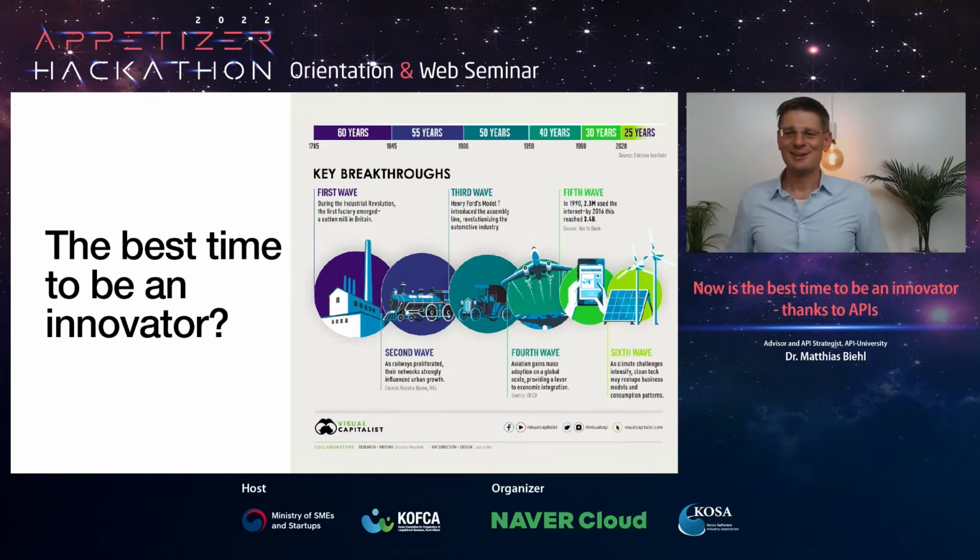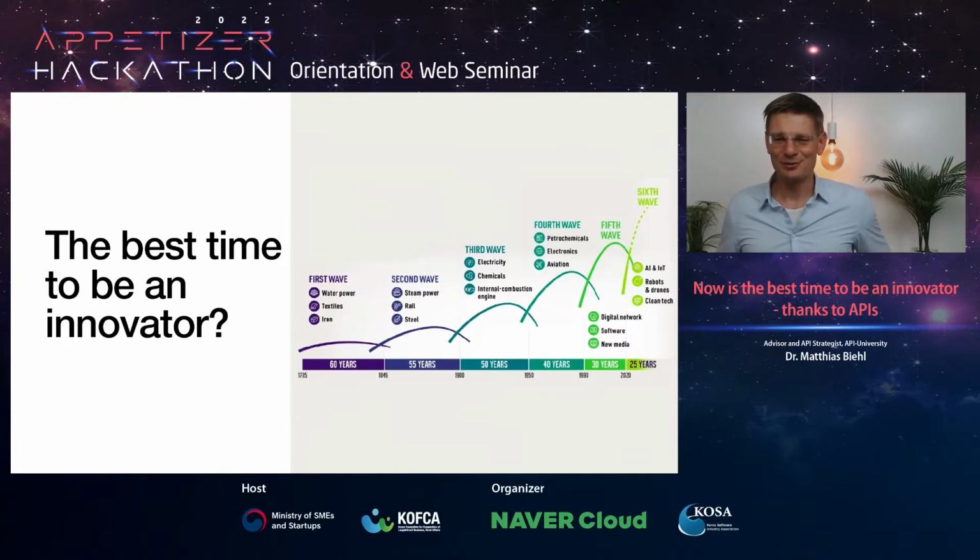The people who look into innovation classify it into those 6 waves. You can look at it in detail here. Each wave basically builds on the results of the previous wave. So right now, we are in the software innovation wave, and we already see ahead that there is going to be a new wave, the 6th wave of innovation.